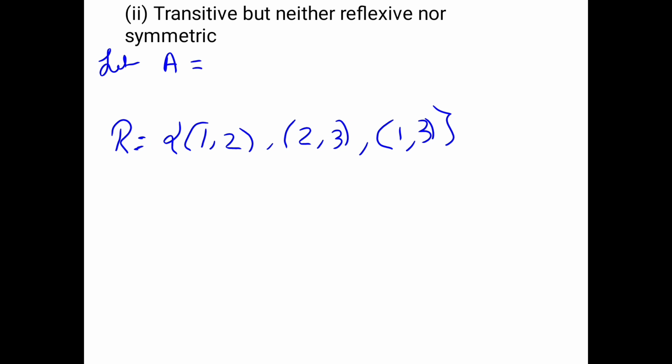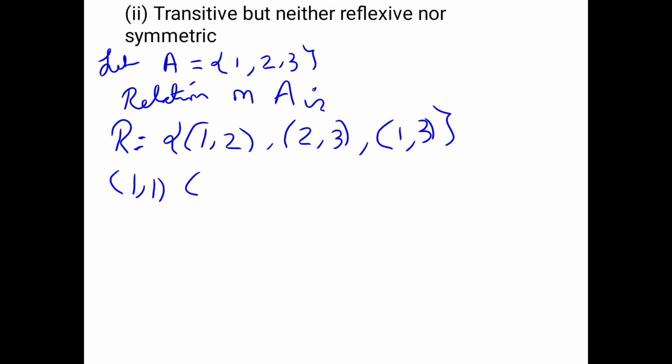Let A equal {1, 2, 3}, and a relation R on A is given. 1 is not related to 1, so R is not reflexive.